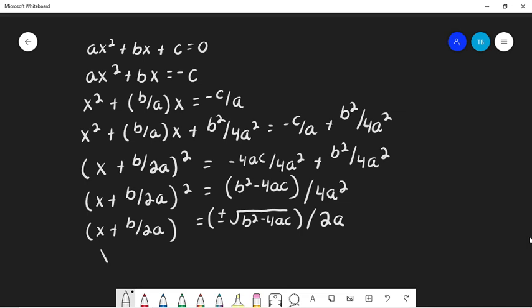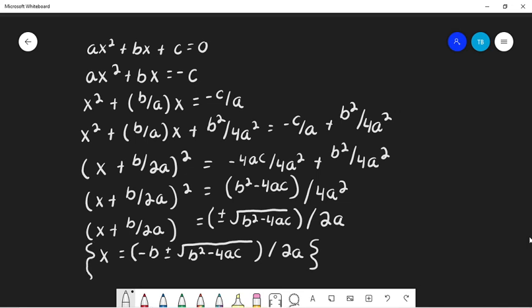So then when we subtract it, we have x equals negative b plus or minus square root of b squared minus 4ac, in parentheses because that's all in the numerator, over 2a. And there you have it.